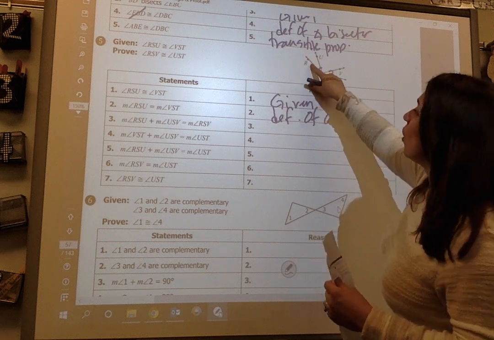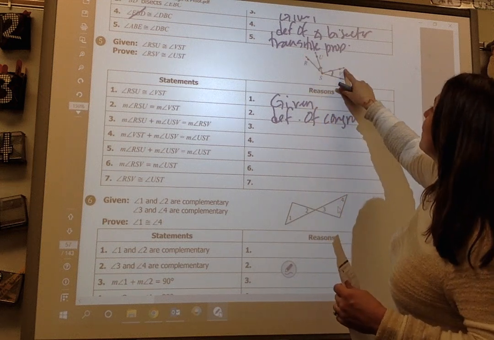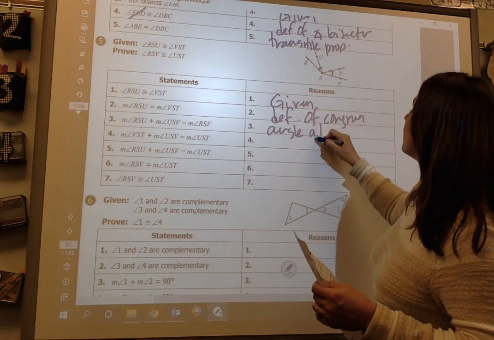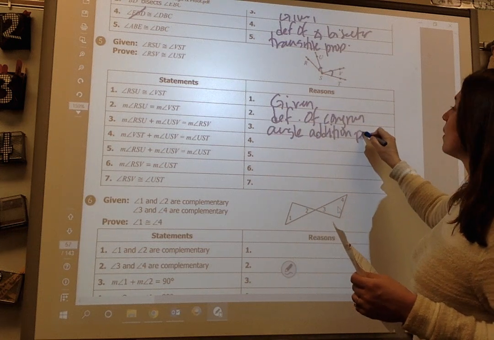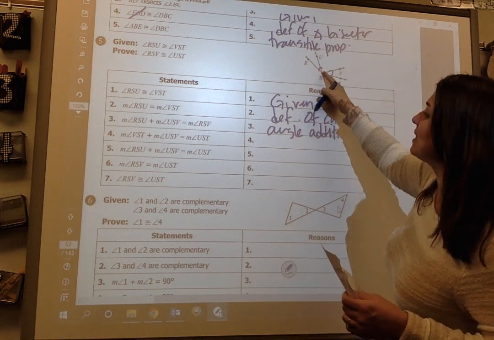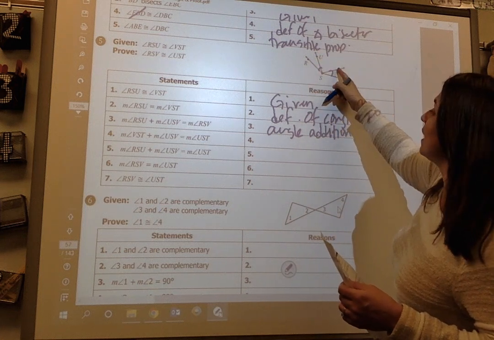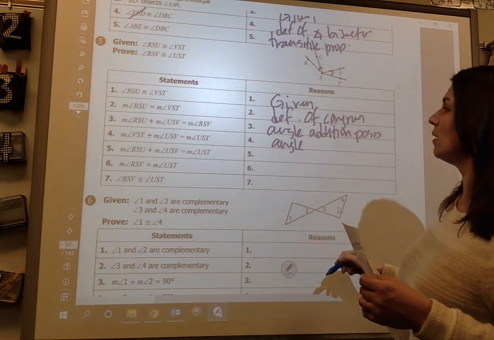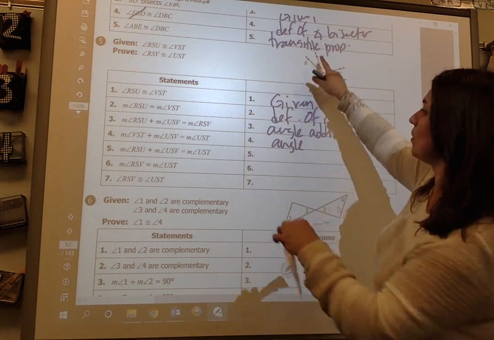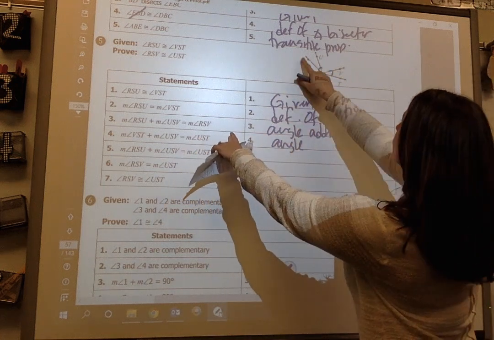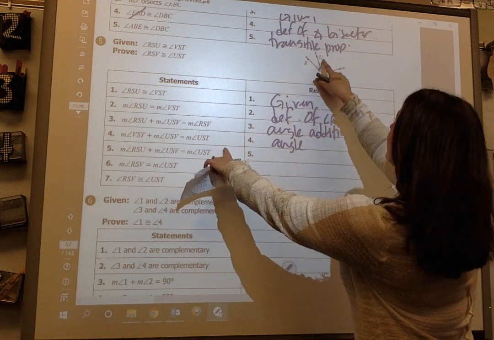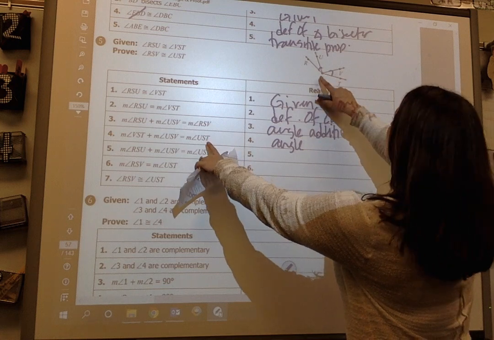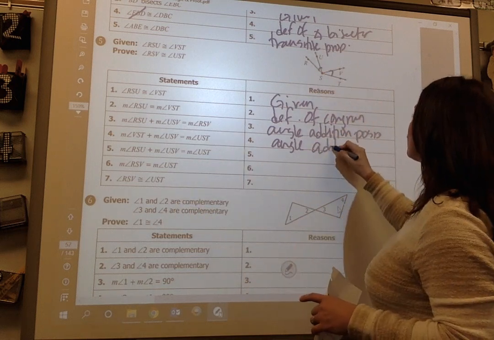And then angle RSU plus USV is equal to RSV. That's angle addition postulate. And VST plus USV is equal to UST. Again, that's angle addition postulate.